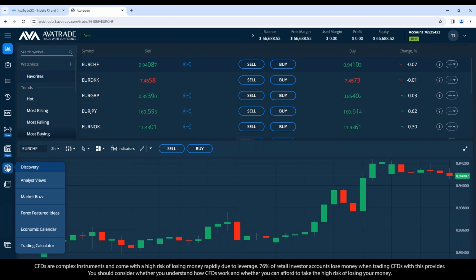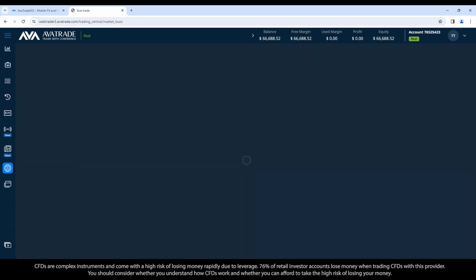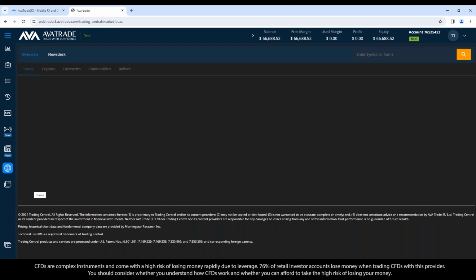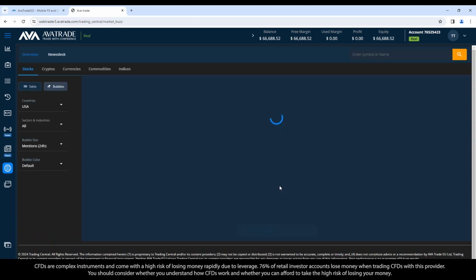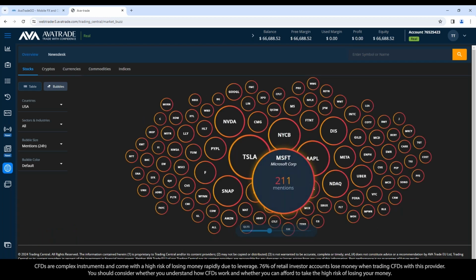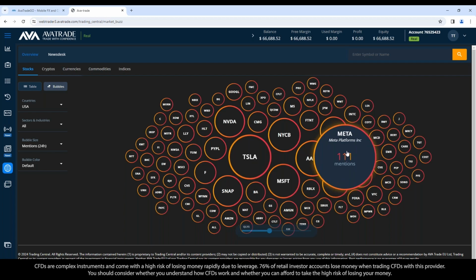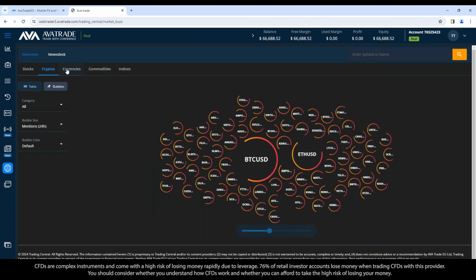So where else can we look for fundamental news? Well, we do have market buzz. And this is nice. The market buzz combines technical analysis and fundamentals. And what I mean by that is, once we decide what we're interested in looking at, whether it's a stock or cryptocurrencies, the pictogram shows that the ones in the largest bubble have the most mentions and trending online that was found with news articles and information.